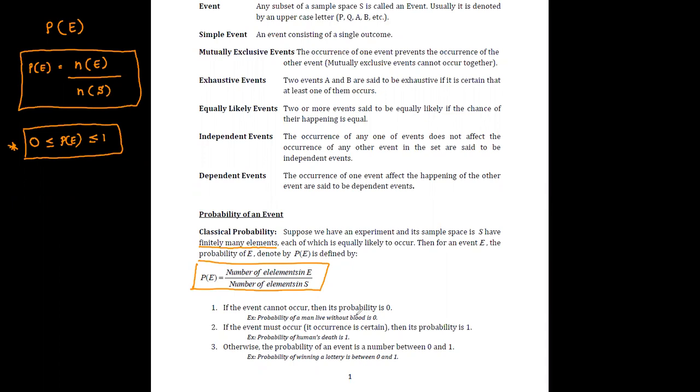Therefore, we can say that the probability of human death is 1. There is no person who can live eternally. It means that person has to face the event of death.